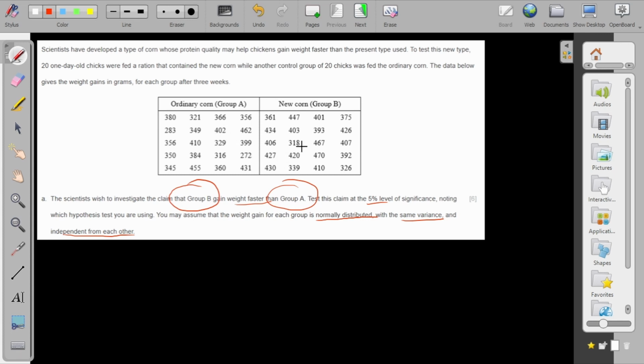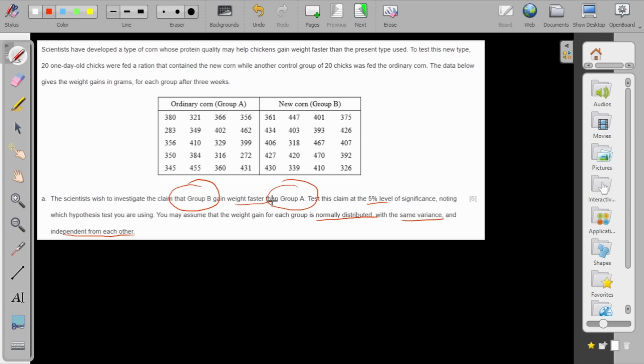Immediately, if you want to compare two samples, you have to understand that you have to use the t-test, the t-test for the difference of two means. The assumption is that the two populations are approximately normally distributed and the samples are random.